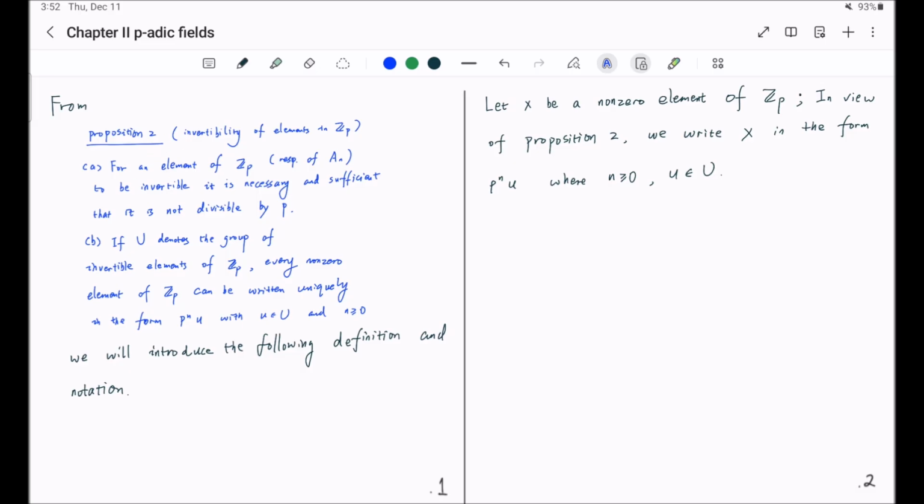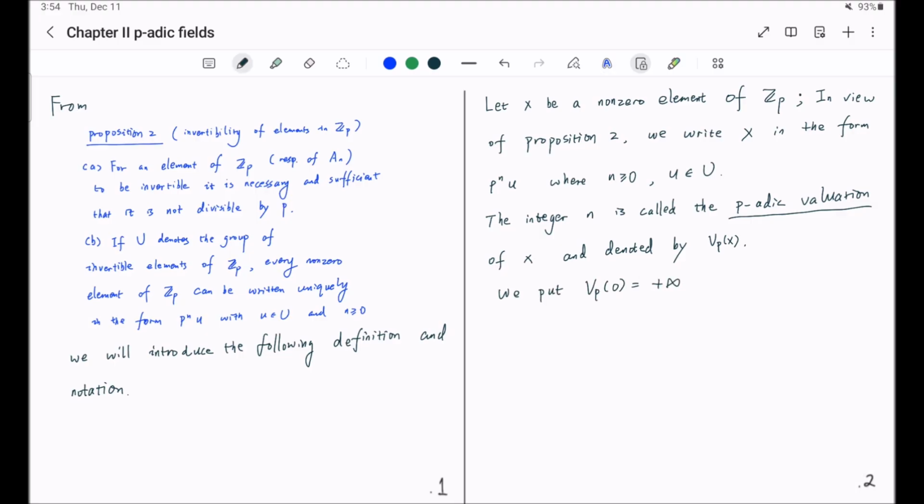From proposition 2, we know that this expression is unique. Now, the integer n here will be called the p-adic valuation for x, and denoted by Vp(x). If x is equal to 0, then we make a convention that Vp(0) is equal to positive infinity.